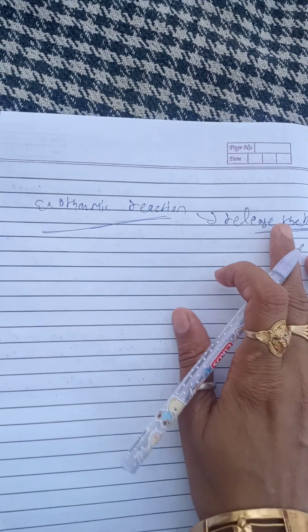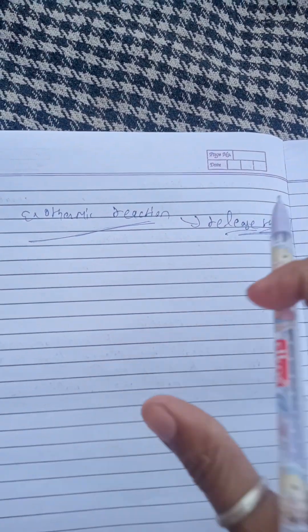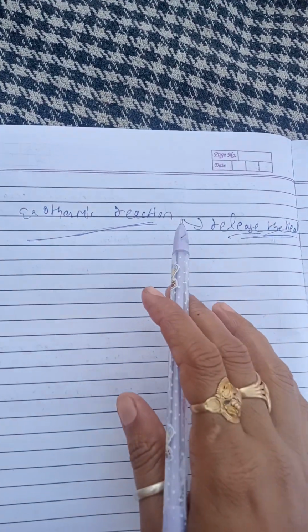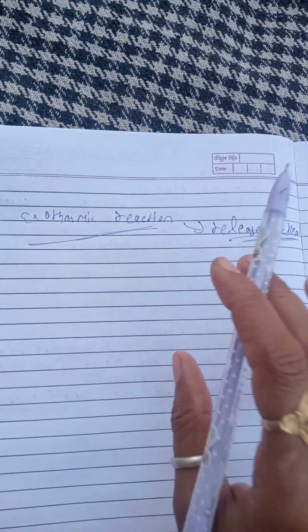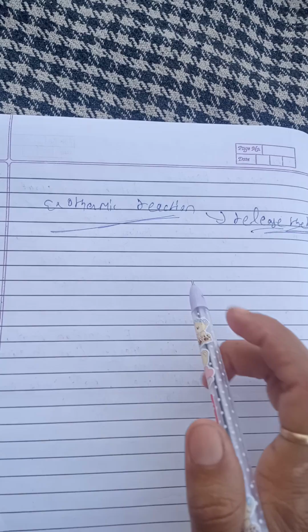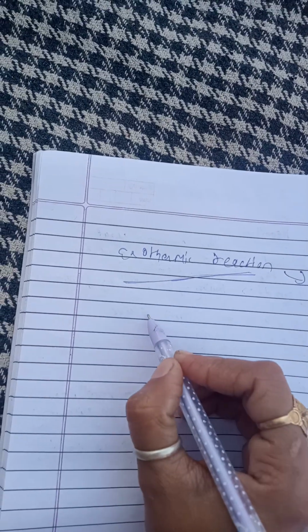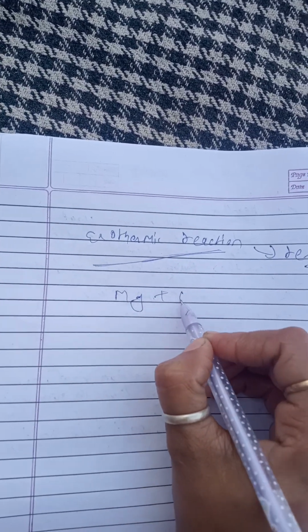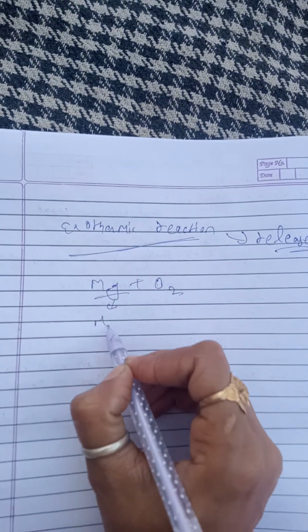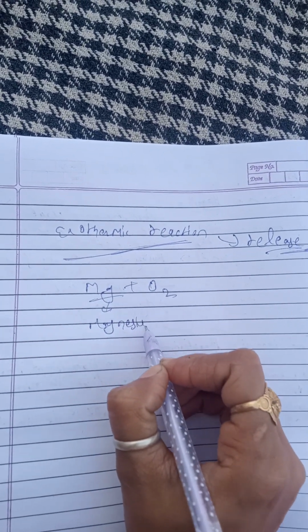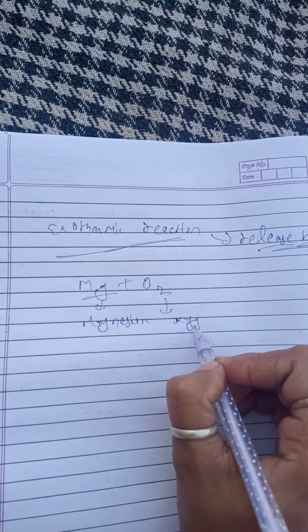We can say that exothermic reactions are those reactions which give off heat after the reaction is complete, and then it is called an exothermic reaction. Just like Mg plus O2, where Mg is magnesium and O2 is oxygen.